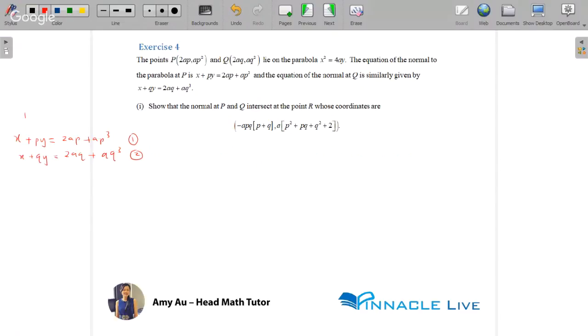I am going to do 1 minus 2. So x minus x is 0, py minus qy, 2ap minus 2aq, ap cubed minus aq cubed. All right, that's it. Our objective here, I know it gets very confusing, it's like P's and Q's everywhere. We are looking for y. That's our objective.